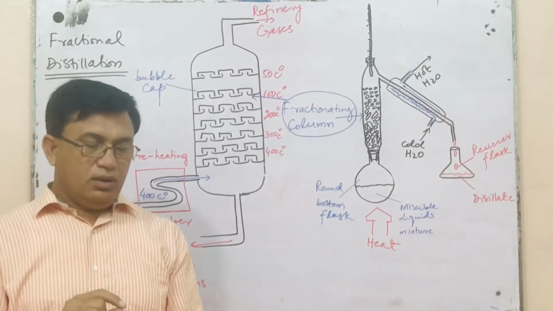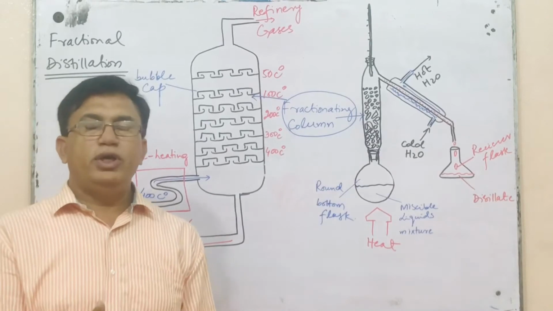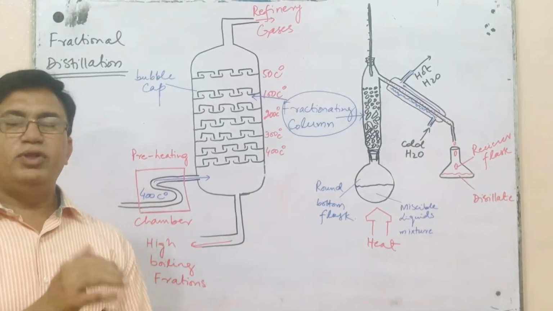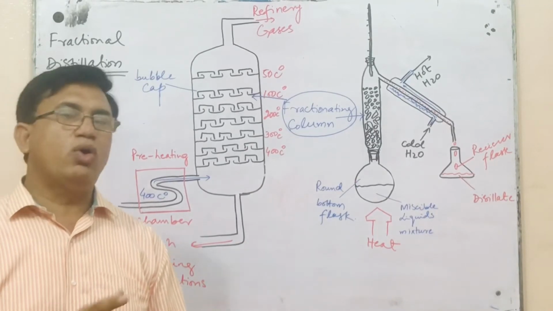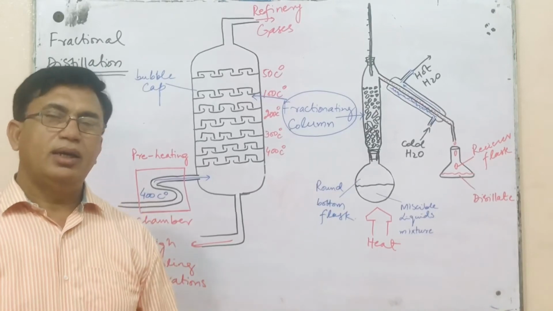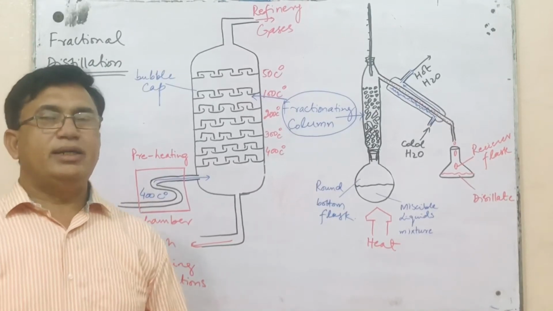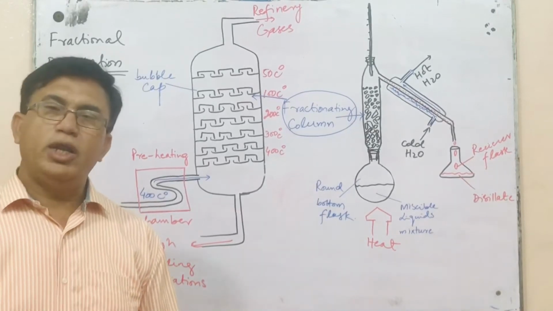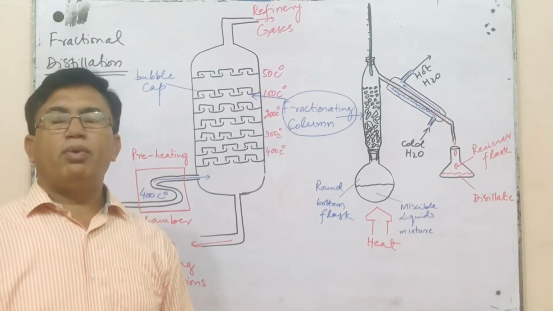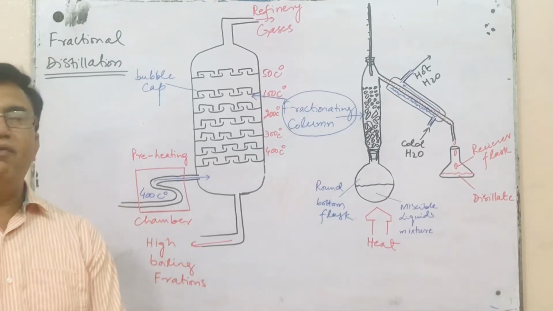For example, we know if we put oil into water, both of these will never mix because oil is organic and water is inorganic. According to like dissolves like, both of these components, oil and water, will never mix.